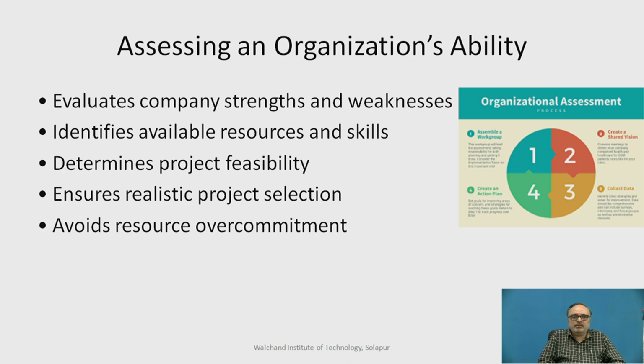For this, we can assess organizational ability, which evaluates the company's strengths and weaknesses, identifies the available resources and skills, and determines project feasibility, whether the project can work out at the end as we planned at the initial stage. That will be the assessment; it ensures realistic project selection and avoids resource over-commitment.